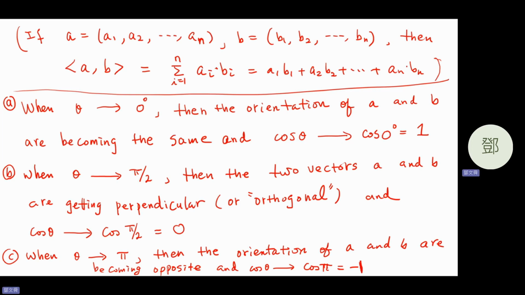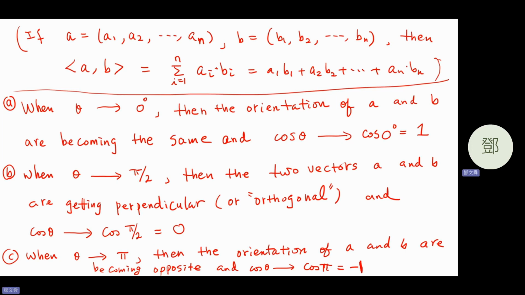What happens when the angle between the two vectors becomes pi over 2? Then the two vectors A and B are perpendicular, 90 degrees. In mathematics, it's called orthogonal.